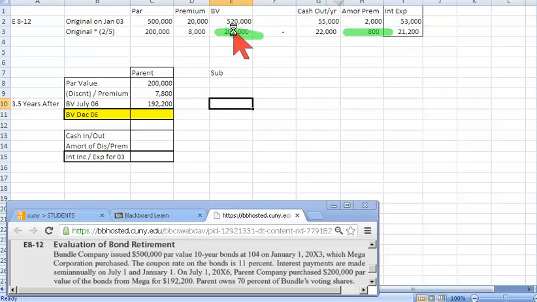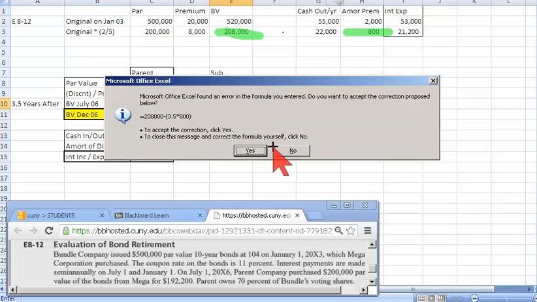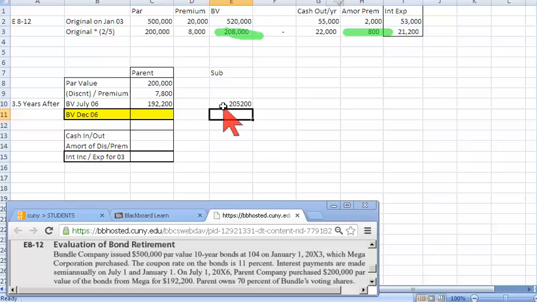So that's 208,000 minus 3.5 times 800, which gives us the book value that the subsidiary had on its books on July 1, 2006.